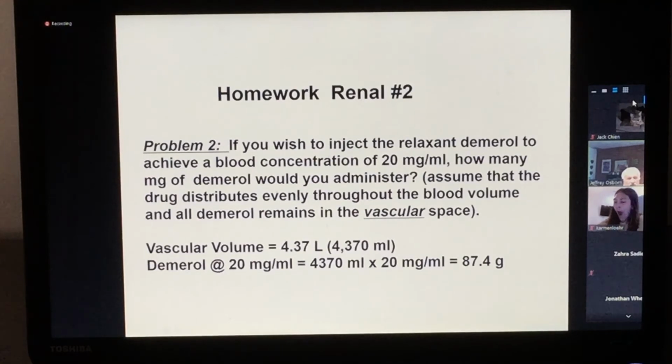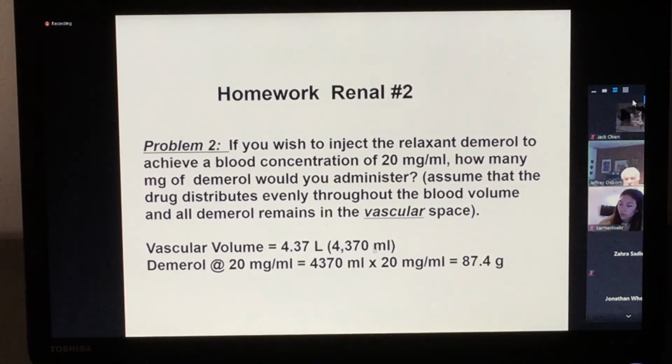So that means if you're going to get 20 milligrams per milliliter, you would have to inject 87.4 grams of Demerol into that individual to get that concentration of Demerol. I want you to work through this problem, show the math, understand how you reach these values. I've given you the answers. I need you to figure out how you're going to calculate that volume.